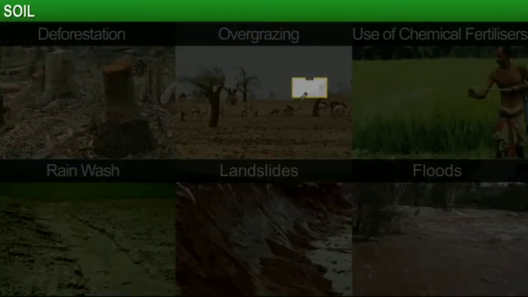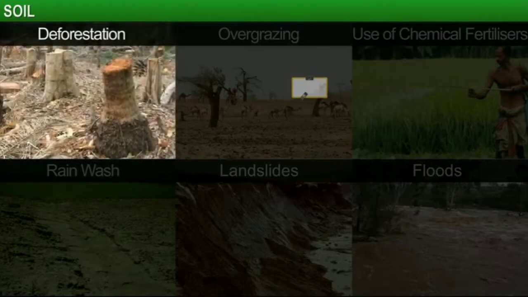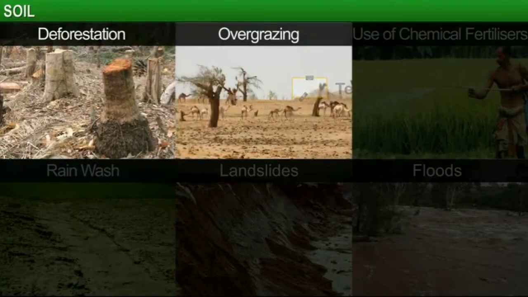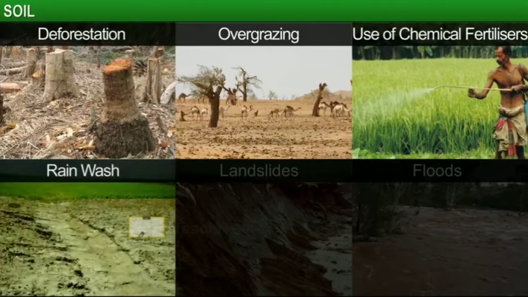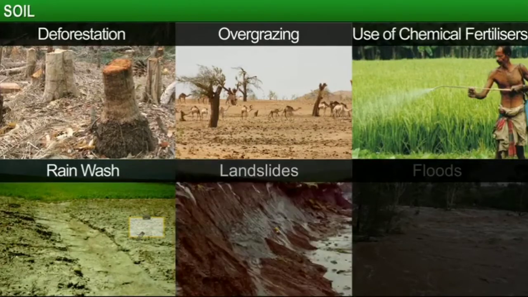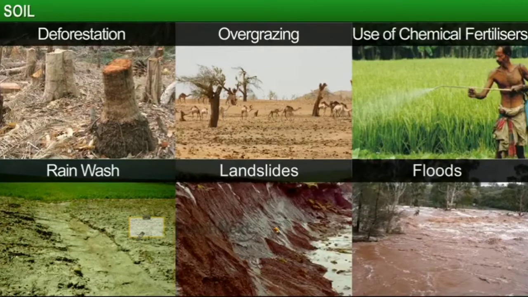Soil degradation is caused by deforestation, overgrazing, excessive use of chemical fertilizers and pesticides, rainwash, landslides, and floods.